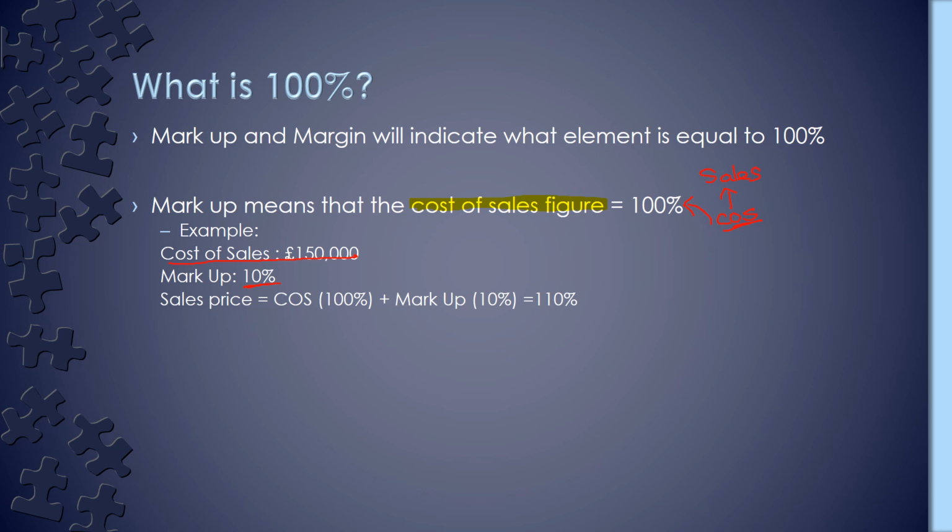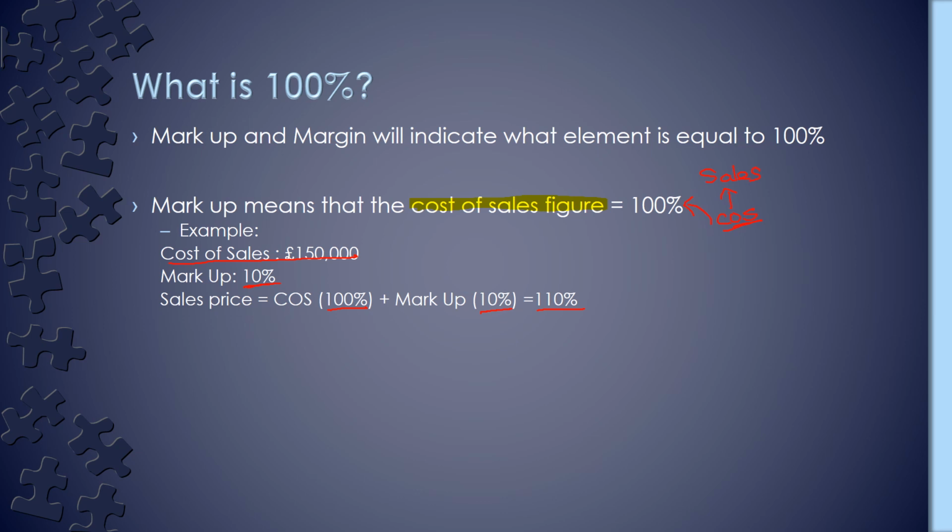Looking at it in terms of percentages, cost of sales here will equal 100%. We're going to add on our markup of 10%, which then gives us our sales price. So our sales price is worth 110% of the cost of sales.